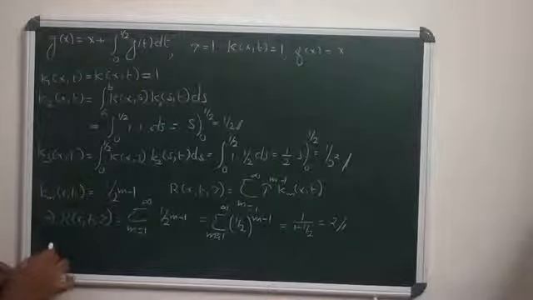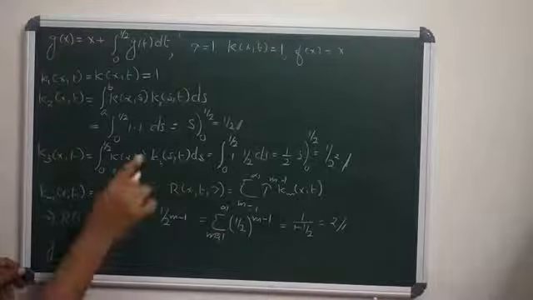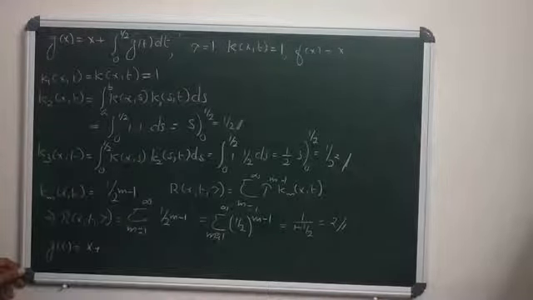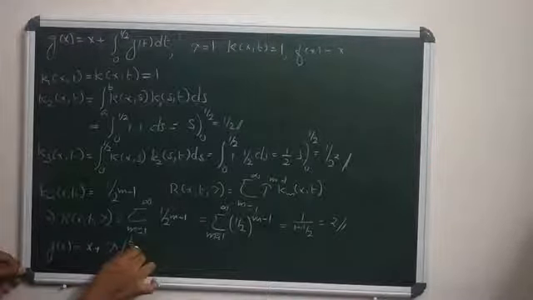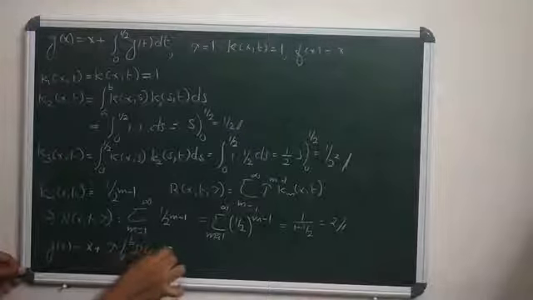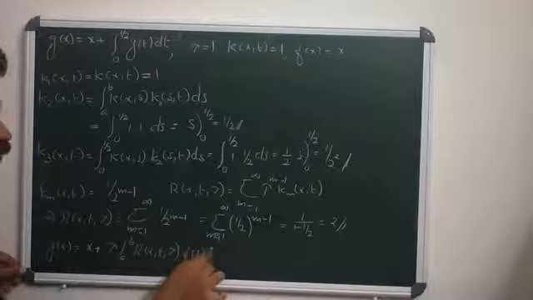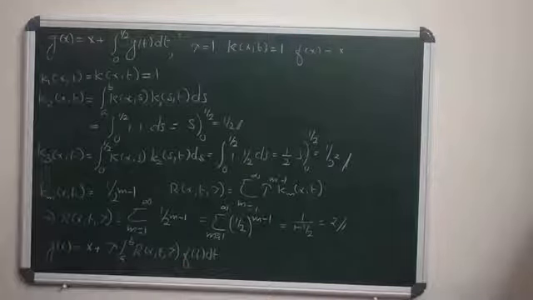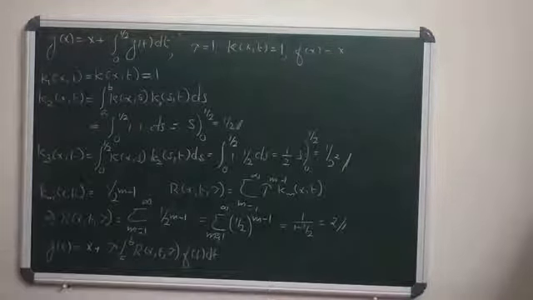Therefore, what's our solution? The solution is of the form g(x) equals f(x) plus lambda integral a to b R(x,t,lambda) f(t) dt.